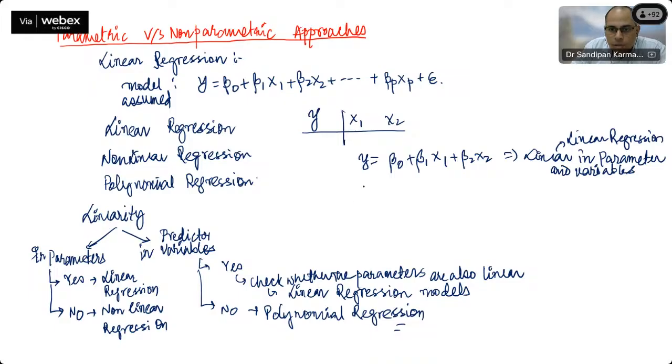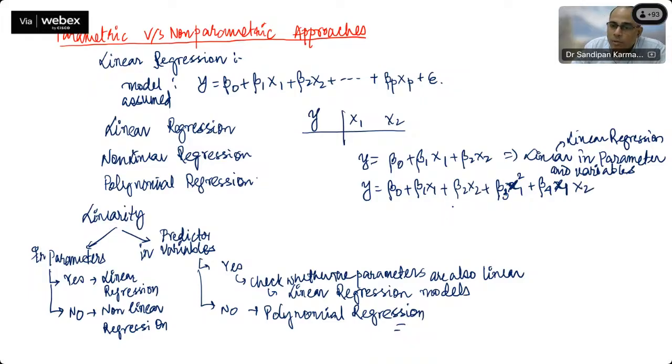Okay, now suppose I'm having y equals beta naught plus beta 1 x1 plus beta 2 x2 plus beta 3 x1 square plus beta 4 x1 x2.